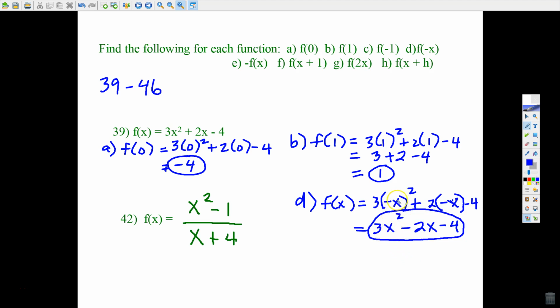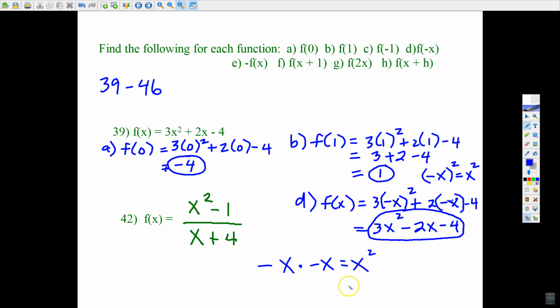When you square -x, it becomes x squared. It's like -x times -x. What would that be? Got it? Positive x squared.